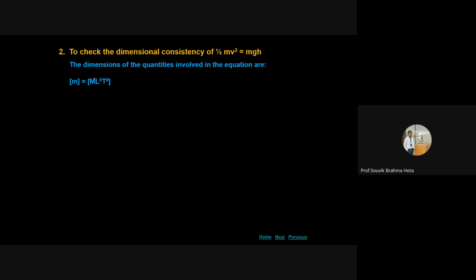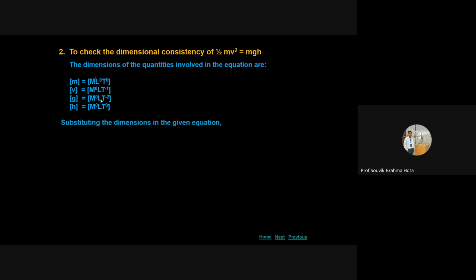There is no provision of L, so L power 0, T power 0. V is M to the power 0, L T to the power minus 1, and g is M to the power 0, L T to the power minus 2, because it is an acceleration. Then h is M to the power 0, L to the power 1, T to the power 0.